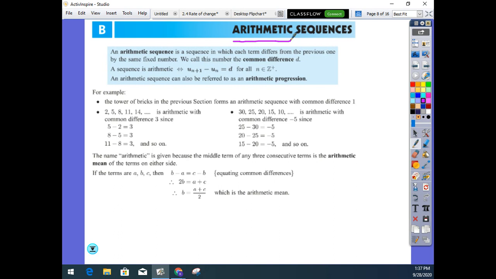So how we pronounce it actually describes the word. An arithmetic sequence just means we add a number to get the next term. We add the same number every time to get the next number. The number that we add each time is the common difference.